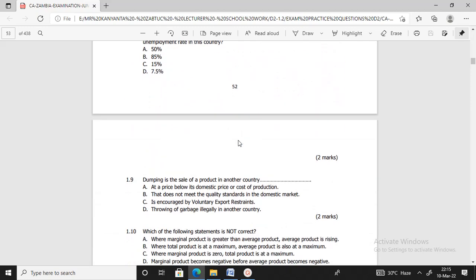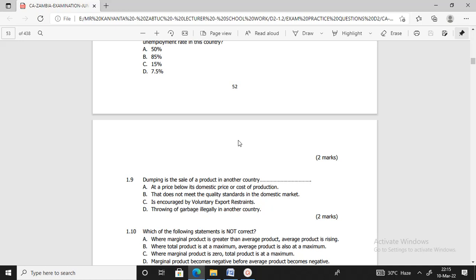1.9. Dumping is the sale of a product in another country. Dumping, you are selling these products in another country at a very, very low price, and the price does not reflect the cost of production. So it could be that the product is sold at a lower price than the cost of production.